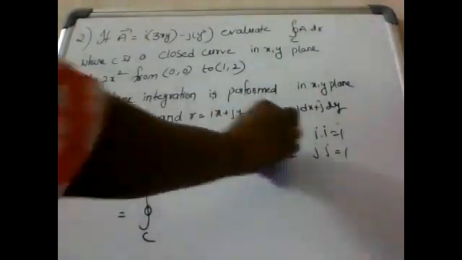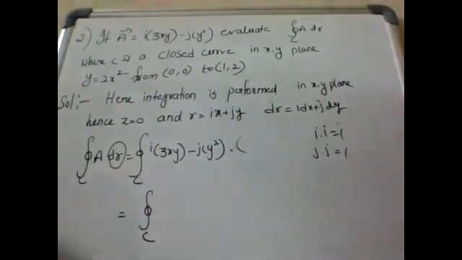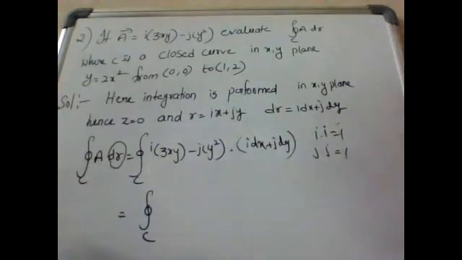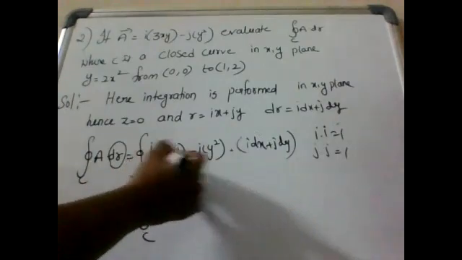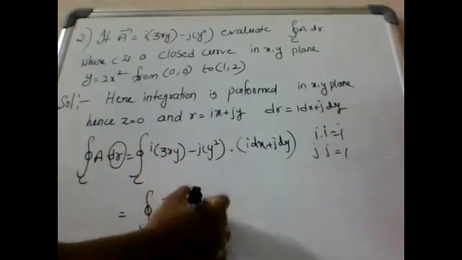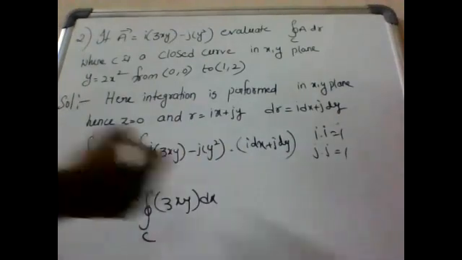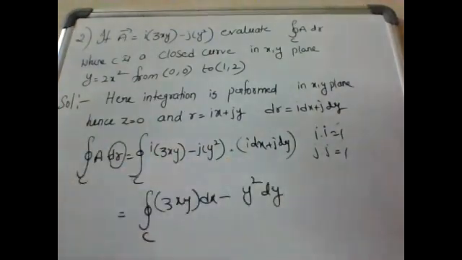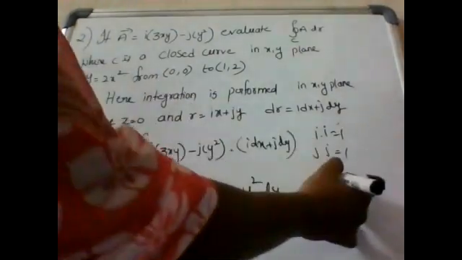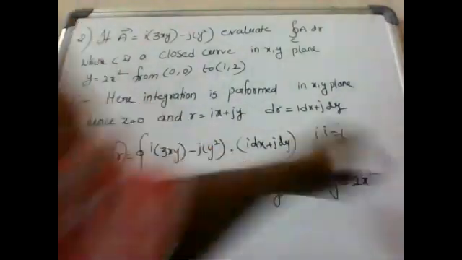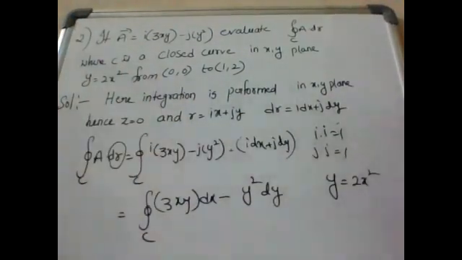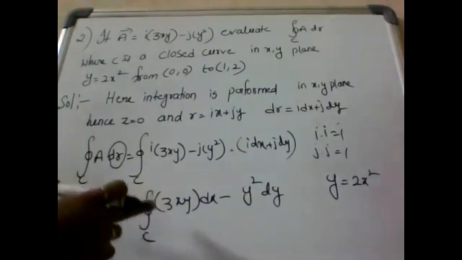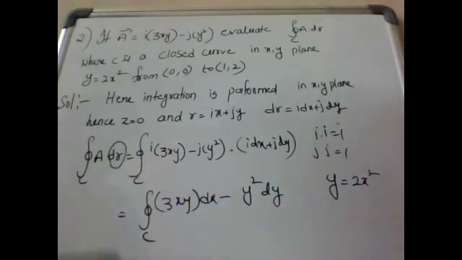So directly substitute that, we get I into dx plus j into dy. Okay, I into I dot I equal to 1, that means 3xy into dx. Okay, here we have minus y square into dy. And we have another condition, y equal to 2x square. So y value substitute in this equation, 3x into y plus 2x square, in y square place also 2x square whole square.